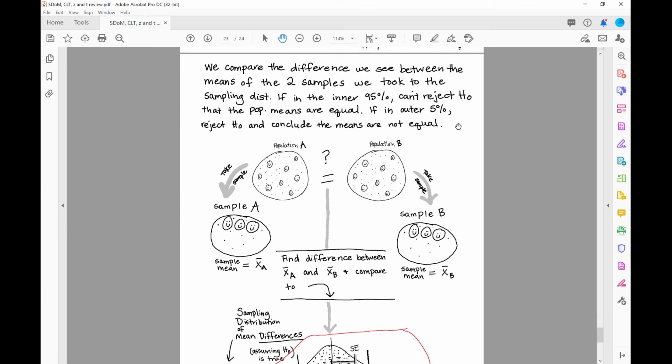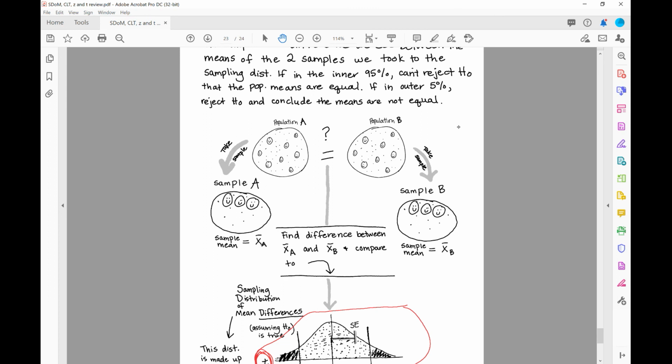So we've got our two hypothetical populations. We want to know, are they the same or different? Assume they're the same. Create a model based on the assumption that they're the same. Take a sample from one, calculate the mean. Take a sample from the other, calculate the mean. Then compare these two means to find the difference between them.